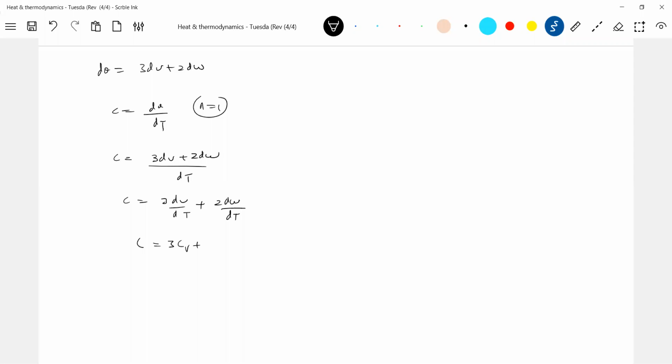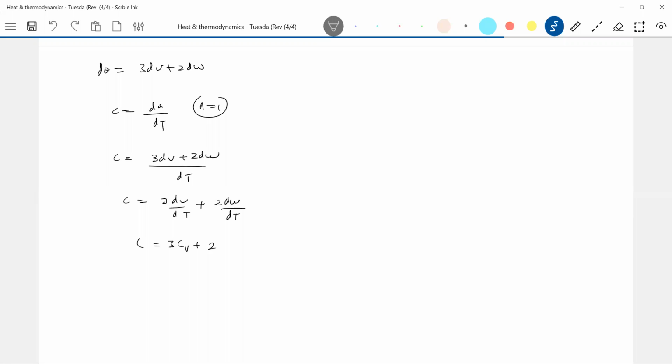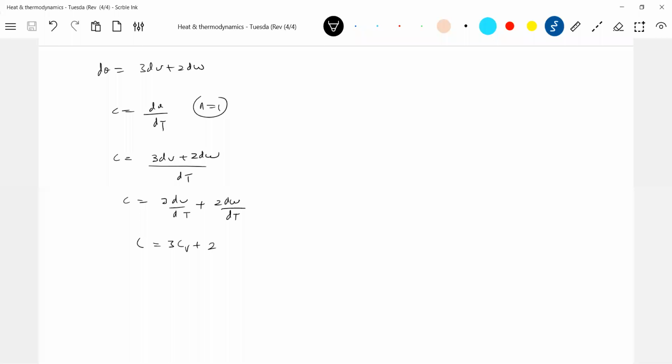dw by dt, we don't know that. How to bring in dw by dt? Recollect fast. Put effort, don't just look at the screen. Already you have come across this.